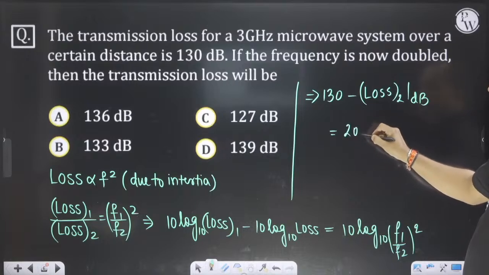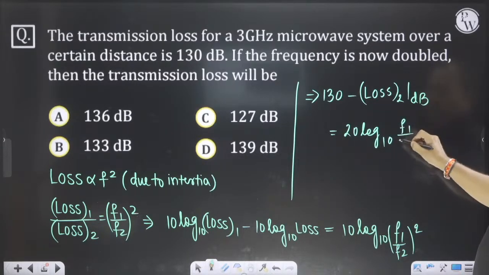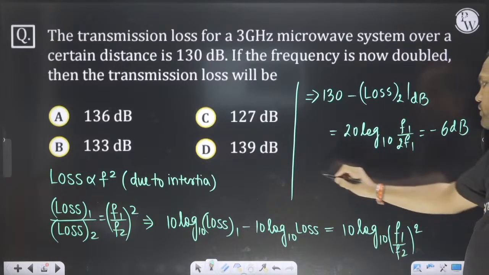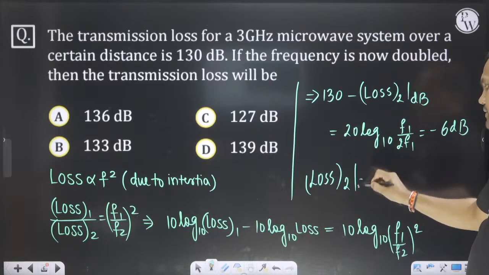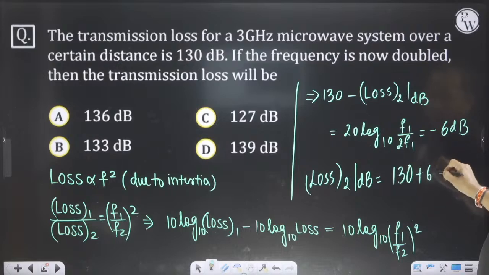So 20 log of F2 upon F1, with F2 being 2 times F1, gives 6 dB, since log 2 is 0.3 and 20 into 0.3 is 6. So loss 2 in dB will be 130 plus 6, that is 136 dB.